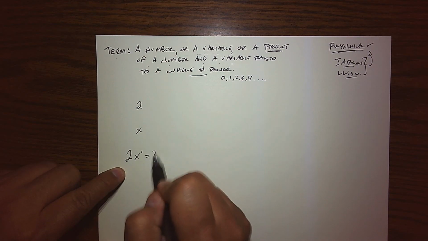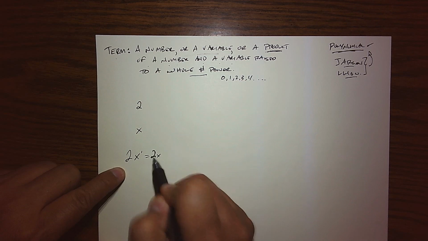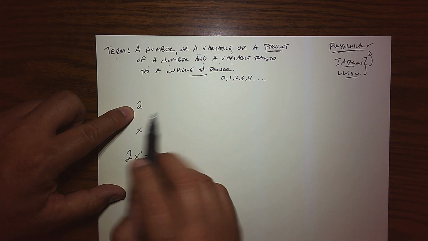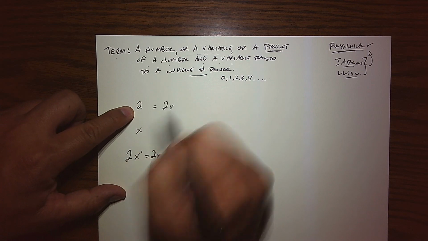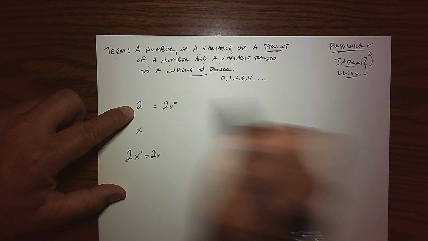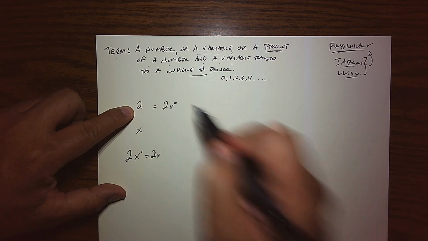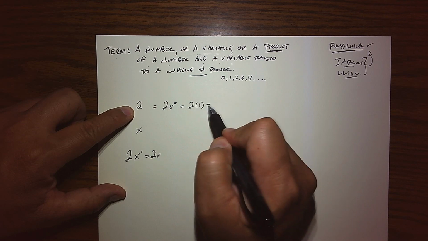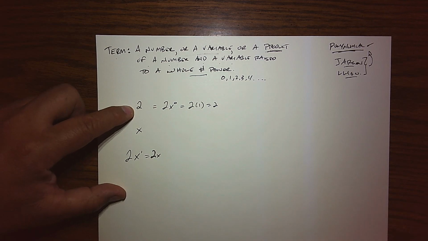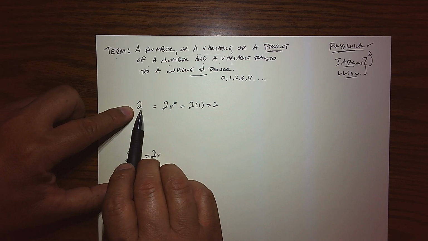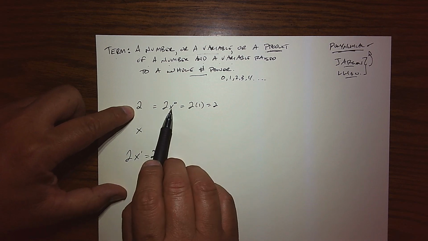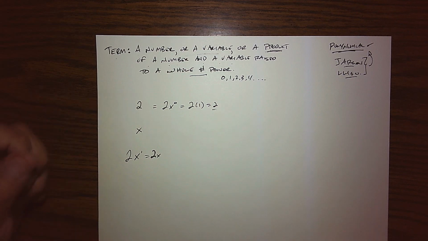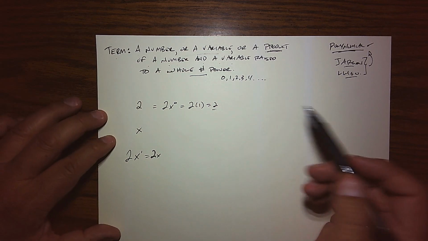Of course we just write that as 2x. And even the term here, 2, is basically 2 times a variable, but that variable is raised to the 0 power. Of course, hopefully you recall that anything to the 0 power is 1, so we're basically talking about 2. So even though a number is by itself, there technically is a variable part to it. It's just raised to the 0 power, and we just don't write it. We just write 2. And so that's basically what we mean by a term.